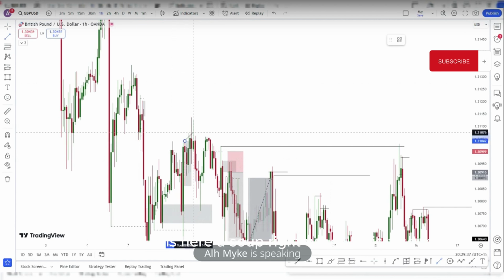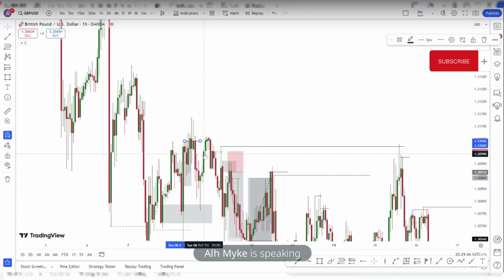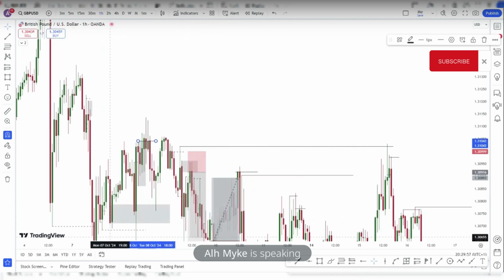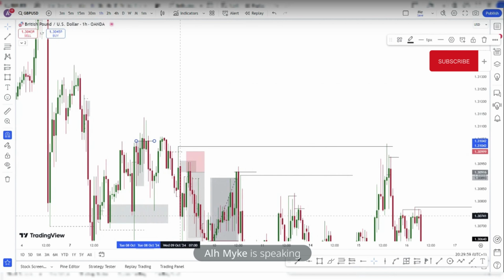Using three candles, first candle, second candle, third candle, you still have a three candle schematic that follows all the rules. So yes, we can call it a sweep. Price did break this structure over here. Is there a valid break?